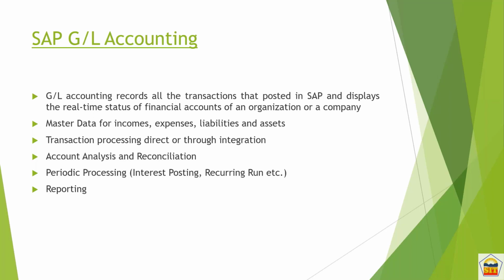Then it is saying that we can process transactions in GL accounting, and those transactions we can post directly. Transactions in the FI can also come automatically through integration, getting triggered and generated into the FI.